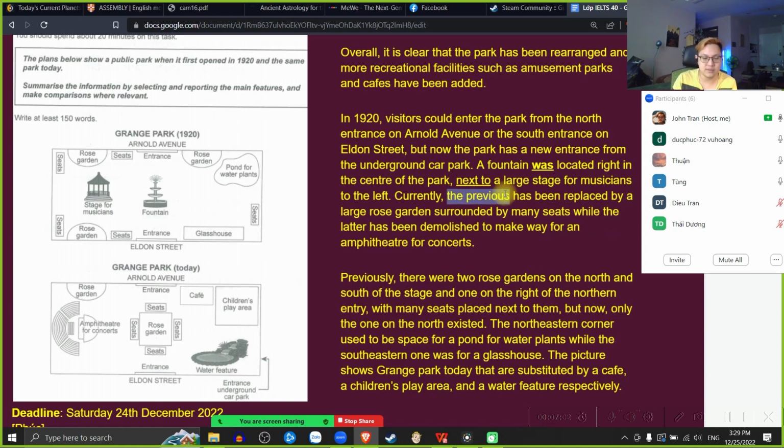You can use the word the previous to avoid repeating the word the fountain again, you know. Tại vì chỗ này mình dùng the latter, thì trước đó phải dùng the previous. If you use the latter here, you should use the previous here, you know. Nó tương xứng đồng đều chứ.